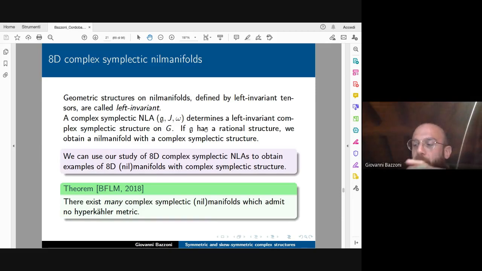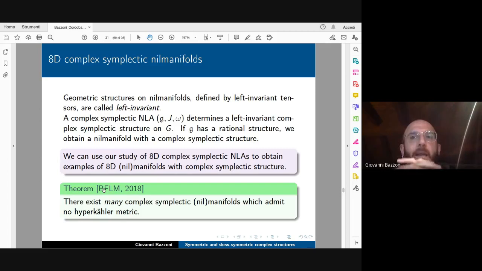Let me just say very quickly that in the paper with Marco, Adela, and Benedikt, we also consider relations of complex symplectic structures with, for example, hypercomplex structures, which is another kind of geometric structure which lives in real dimension a multiple of 4.